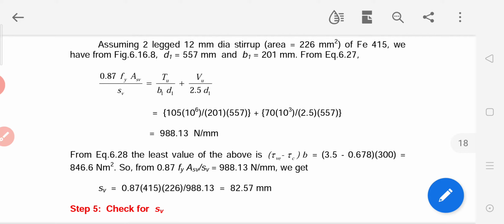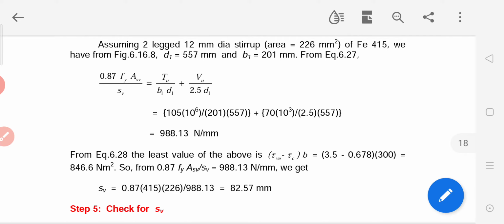We have from the figure D1 equal to 557 mm and B1 equal to 201 mm. Now we put all these values in this formula: 0.87 Fy ASV upon SV equal to Tu upon B1 D1 plus Vu upon 2.5 D1. How to calculate D1 and B1 we also discussed in the previous video. Now we put the values.